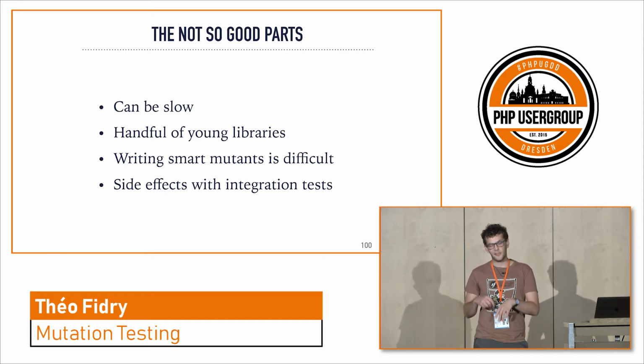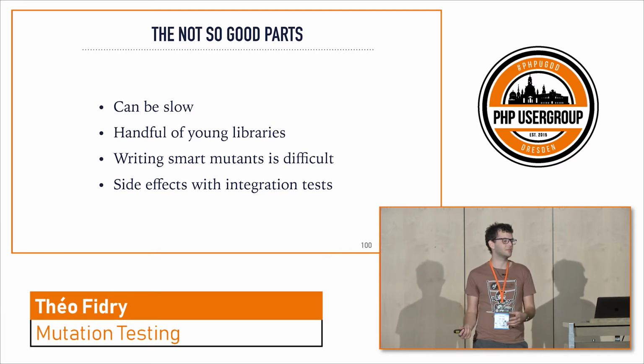Well, it's a bit far-fetched example, but a more concrete example we had was someone on Linux who, when running infection, was running out of memory, so his browser and PHP Storm were getting killed to try to free some memory, which is not super convenient. We fixed that, but these are side effects that depend on your integration tests, so the best way to avoid them is to run it in a Docker container or just run it on your unit tests.